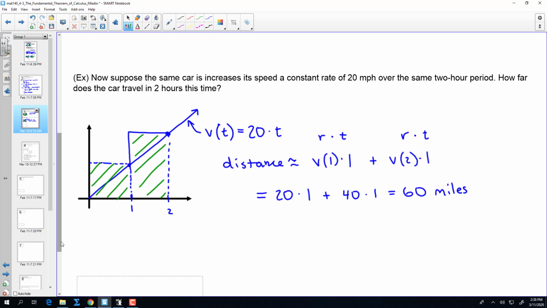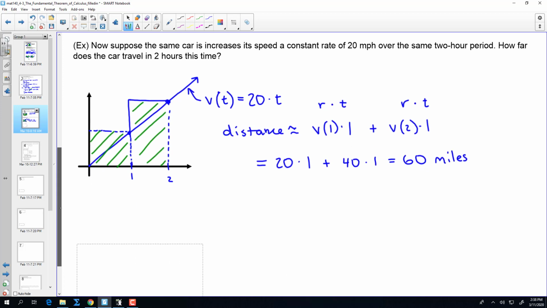As long as we all still agree that distance is the area of the rectangles that I've added together, then we can do this. We have an estimate to how far the car has traveled in that particular time period. Now you may be thinking to yourself, you chose to use the speed at the end of the first hour.